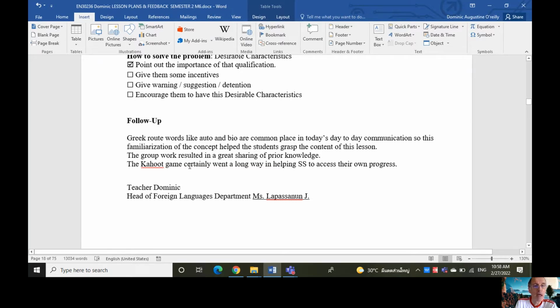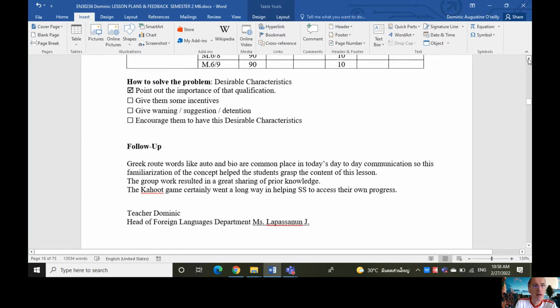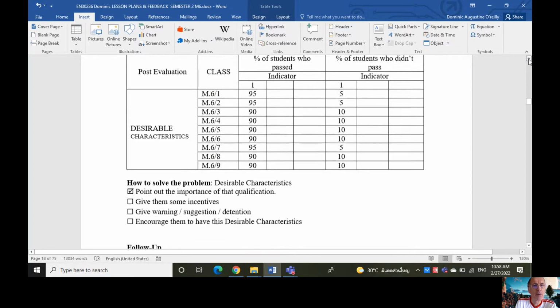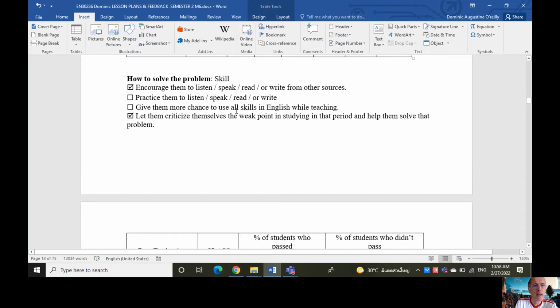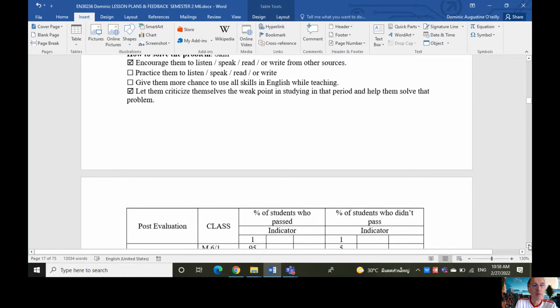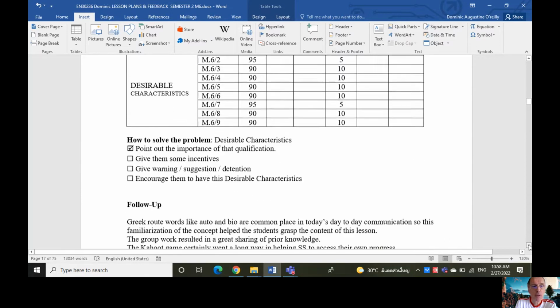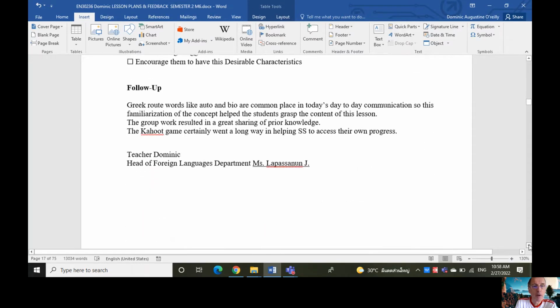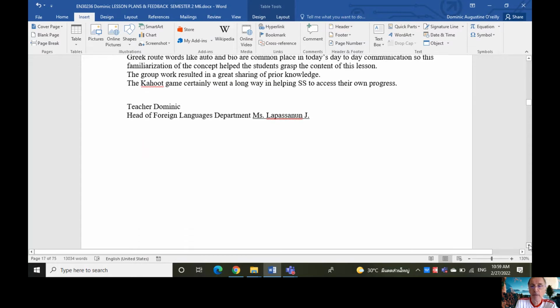And then the Kahoot game certainly went a long way to helping students to access their own progress. So up here I have ticked, I let them criticize themselves, the weak points in studying in that period, help them solve that problem. So I used a Kahoot game to address that. Okay, so, and that's it.